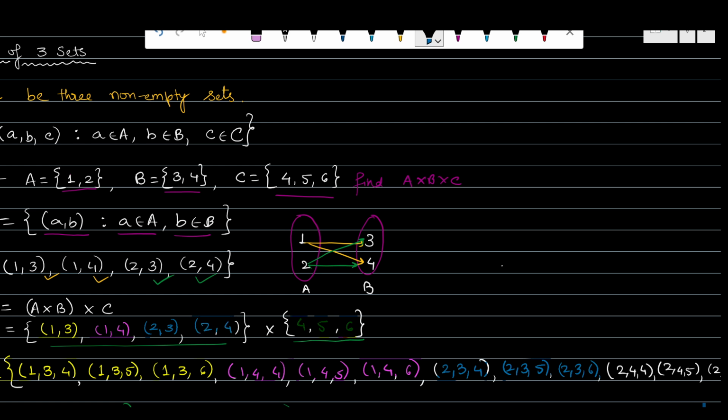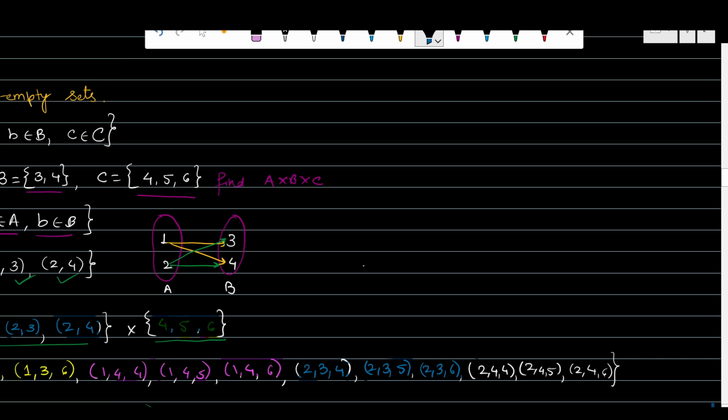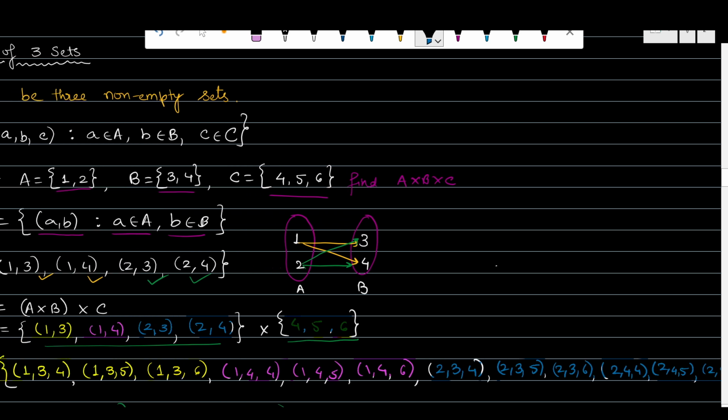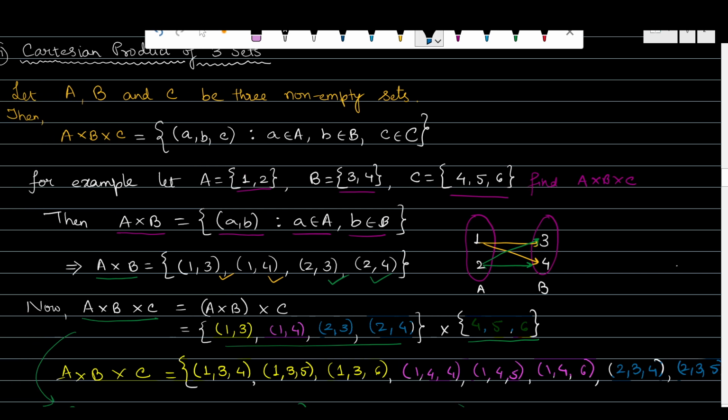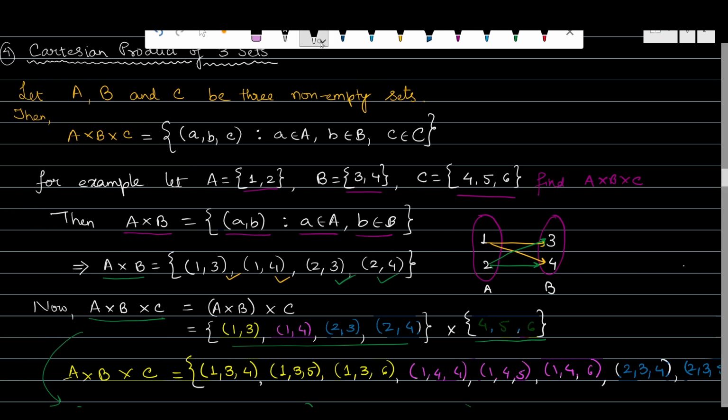Similarly, for (2, 4), it maps with all of these and we get the required Cartesian product. I hope the Cartesian product of three sets is clear to all of you.